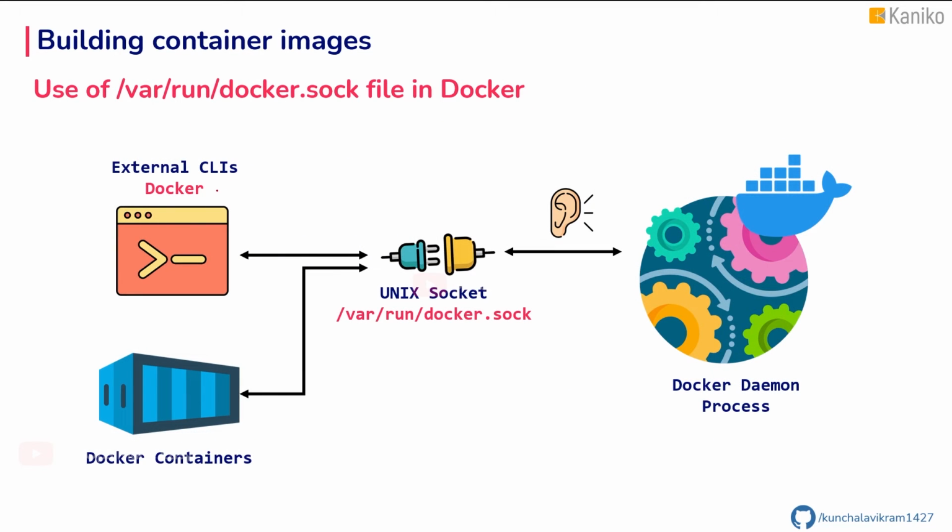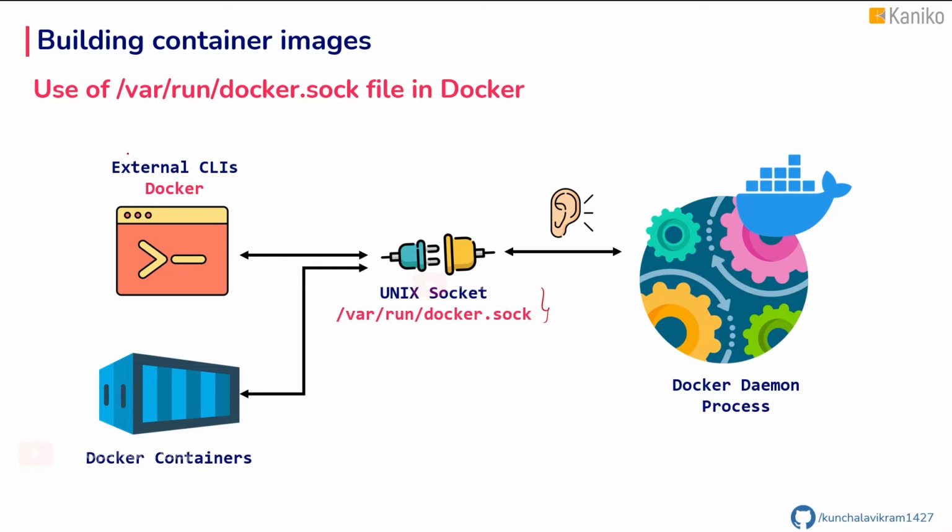Now, how does this Docker CLI talk to the Docker daemon process for building your Docker image? Basically, the Docker daemon process, which is running on your Docker host, listens actively on a unique socket. This is the socket var run docker.sock. The daemon process actually listens on this Docker sock.